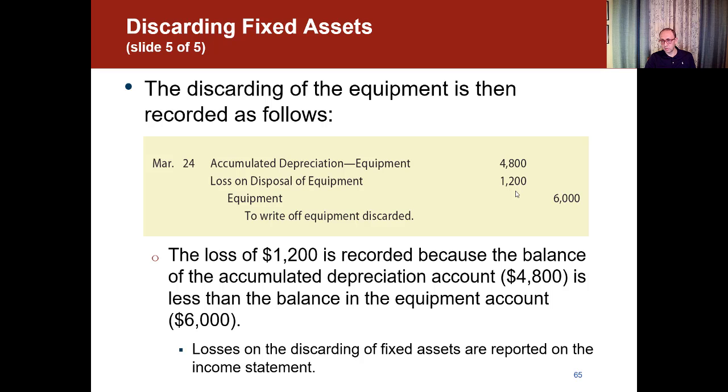This loss is always on the debit side. The loss of $1,200 is recorded because the balance of the accumulated depreciation account, which is $4,800, is less than the balance of the equipment account, which is the $6,000, the original value. Losses on the discarding of fixed assets will be reported on the income statement.